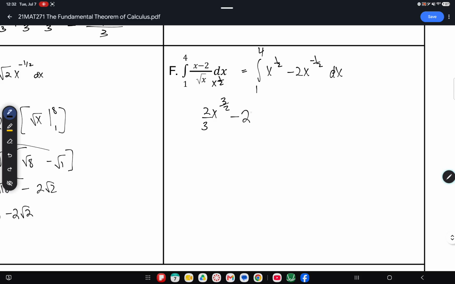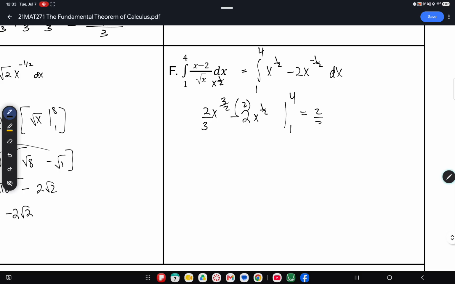If I add 1, I get 1/2. But then dividing by negative 1/2 is really like multiplying by negative 2, right? Oh, and I don't know why I have negative, because it was a positive 1/2. And then we're going to evaluate that from 1 to 4.